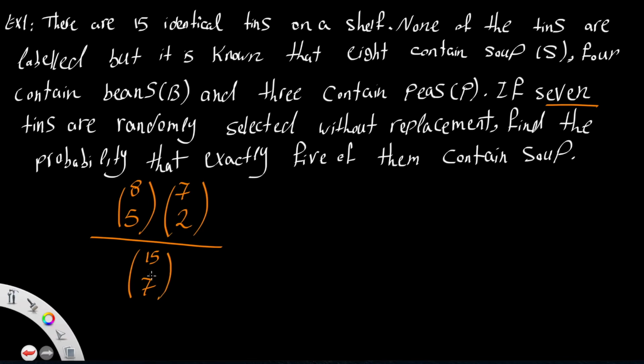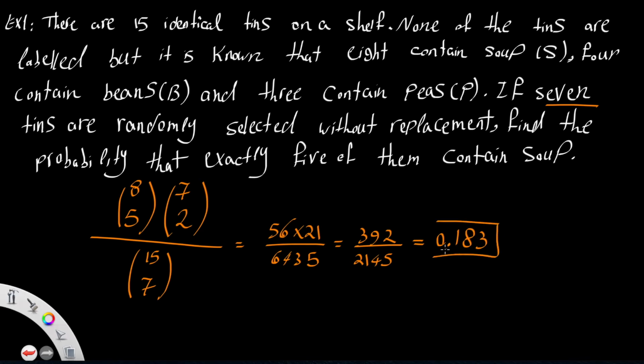You are going to select 7 tins out of 15 tins. So it will become 56 times 21 over 6435, which simplifies to 392 over 2145, or it will be 0.183 as the final probability.